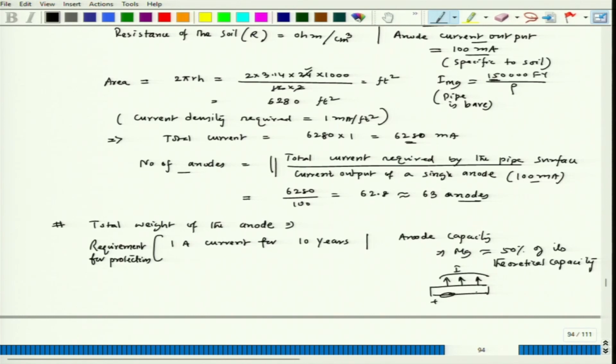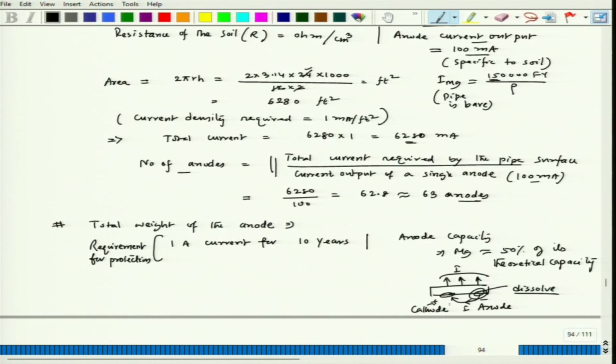So, this is positive, this is negative, that local cell forms. So, the current will flow from negative to positive, which is cathode, this is cathode, this is anode, and current will flow from the anode to cathode through the soil. So, this part will dissolve.